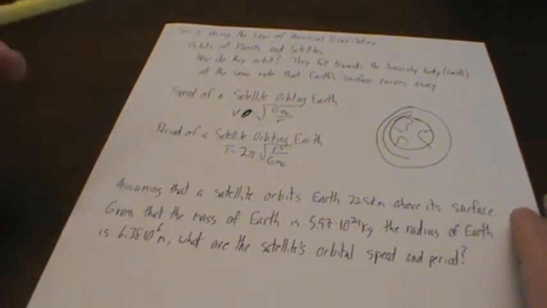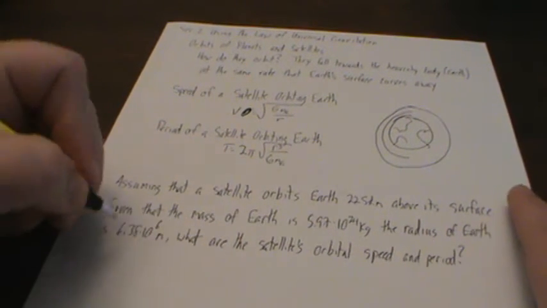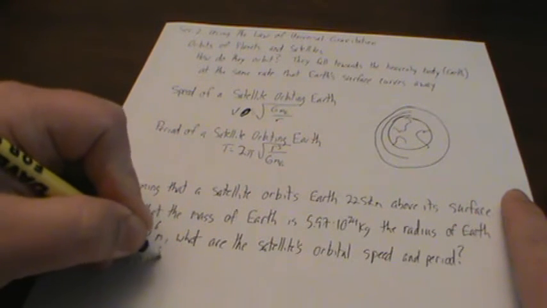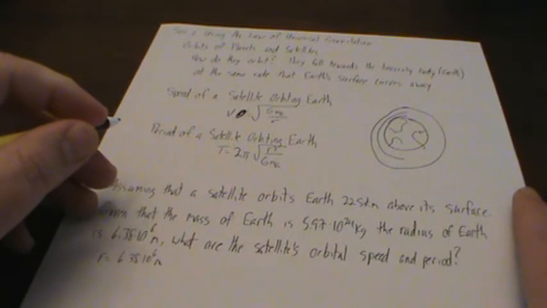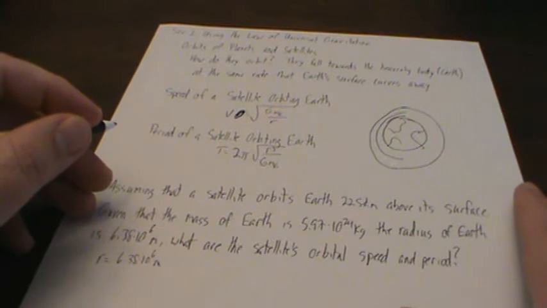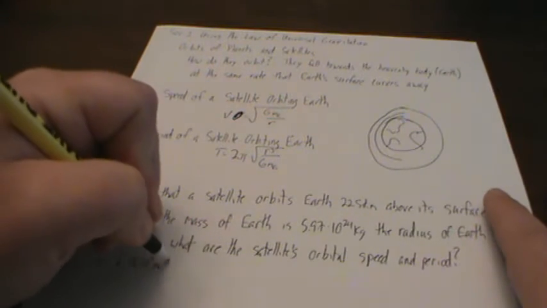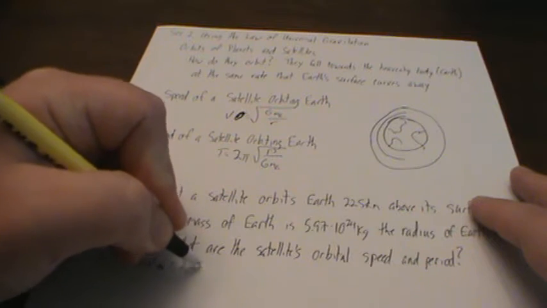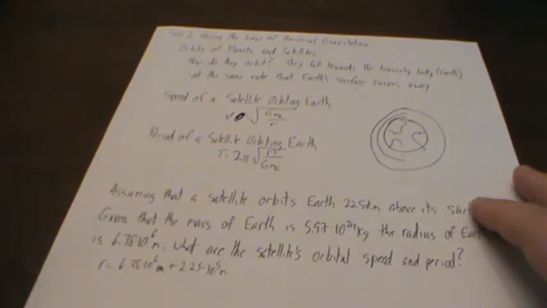Now the radius of Earth is 6.38 times 10 to the 6 meters, and we're going to add on to that 225 kilometers. This is in meters and 225 is in kilometers, so we need to convert that over. 225 times 1,000 gives 2.25 times 10 to the 5th meters.